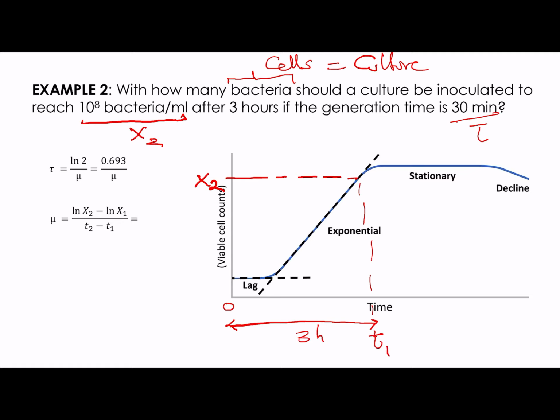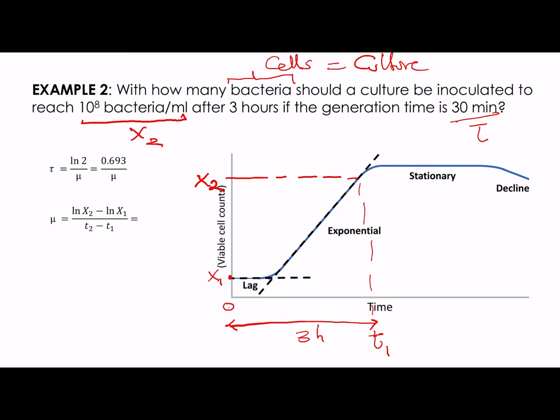And then because it says inoculation, that tells me that this point would be our x1. It might also say x1 or x0, because it's at the beginning. Remember, inoculation is at the beginning, but between here and there the number of cells are not changing.